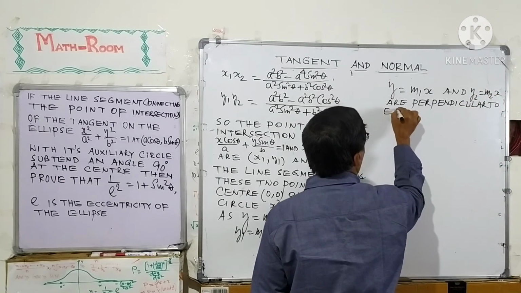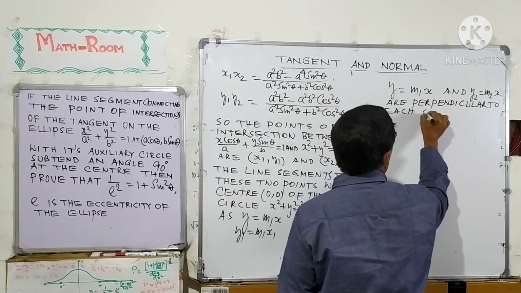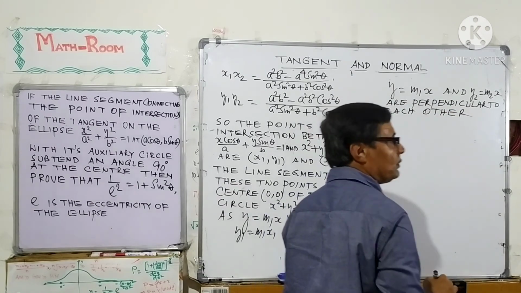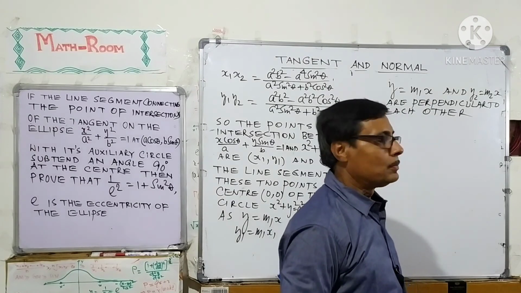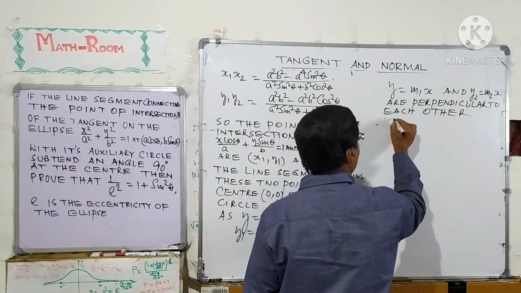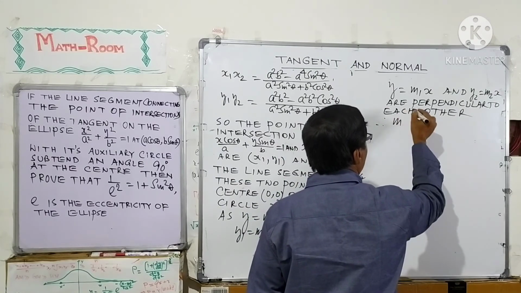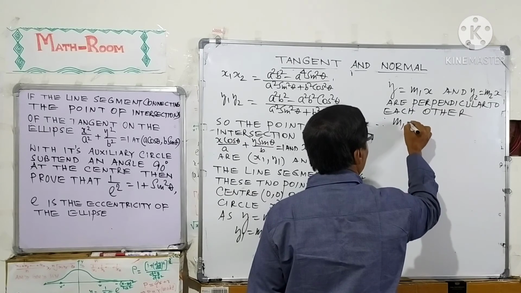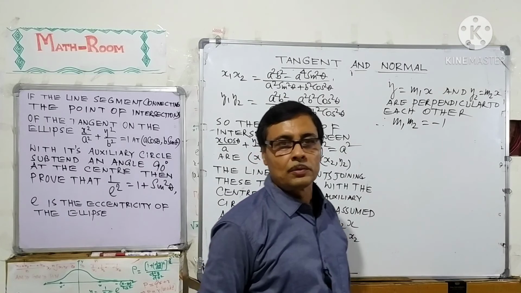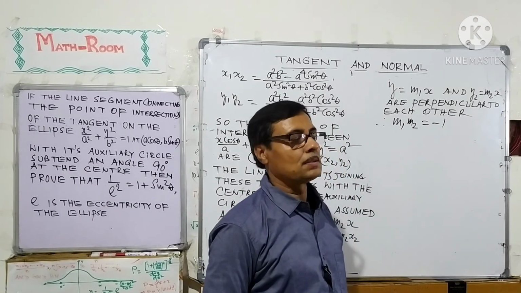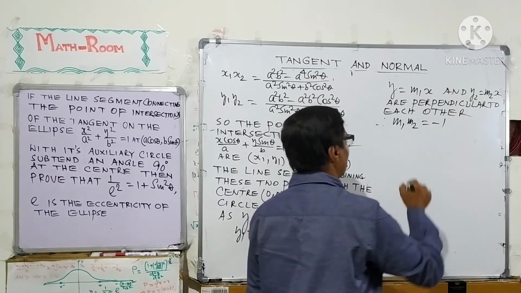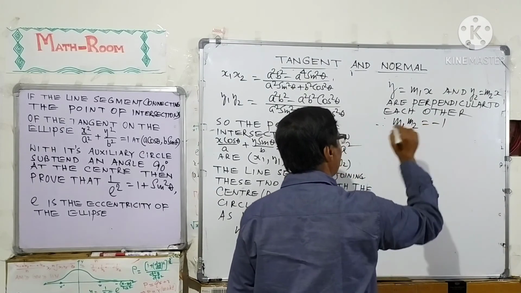So, the product of the gradients of these two mutually perpendicular lines must be equal to -1, that is, m1 m2 equal to -1.